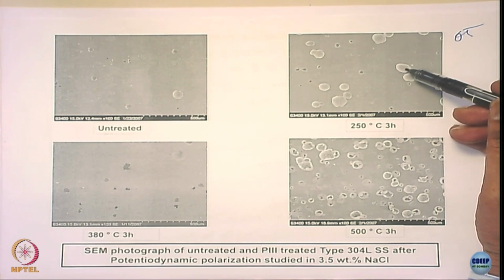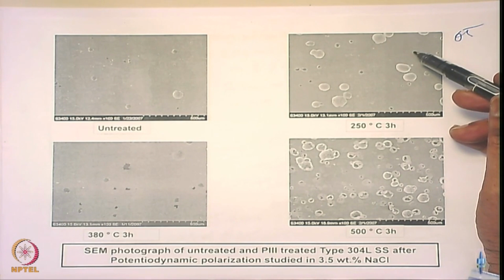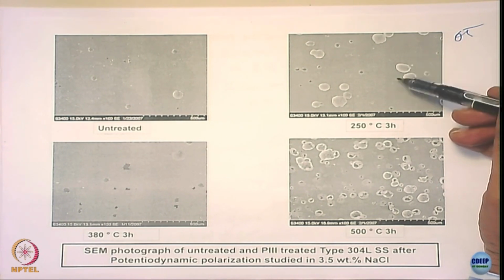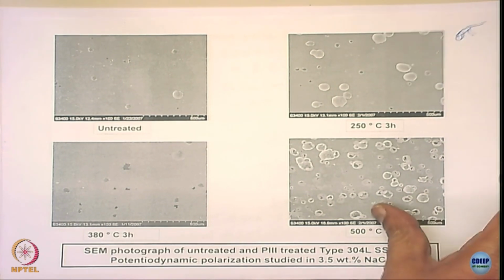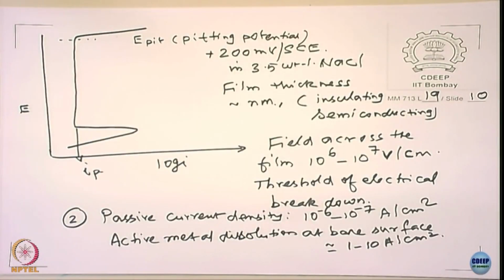So how many times does the metal corrode here as compared to the corrosion of the metals in the passive state? How many times? It is about 10 power 6, about 1,000,000 times corroding at higher rates. So if you look at the film breakdown, if due to some reasons the dissolution at that location becomes very severe, the rate of corrosion can be of the order of 10 power 6, 10 power 5, depending upon to what extent the bare metal is exposed.